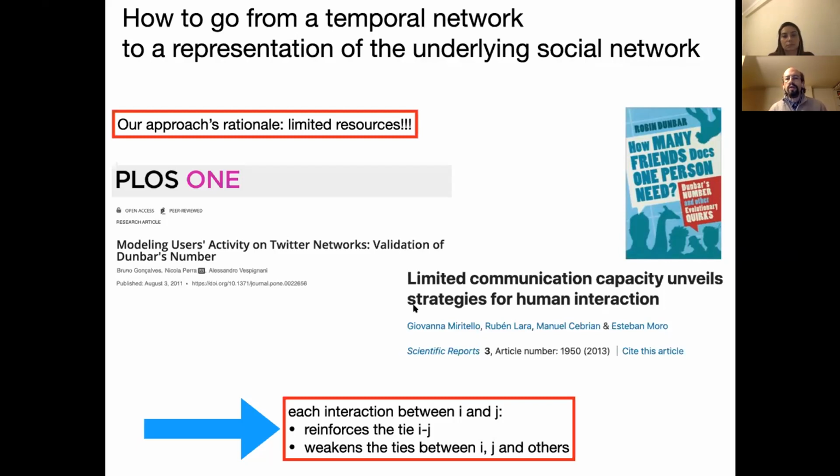And so the idea is that each time there is an interaction between two individuals, it means that the tie between those two individuals is reinforced. And it also means that I and J are choosing to dedicate time to their tie, meaning they dedicate less time to the other people. And so it weakens the ties between I, J and the other members of the system.